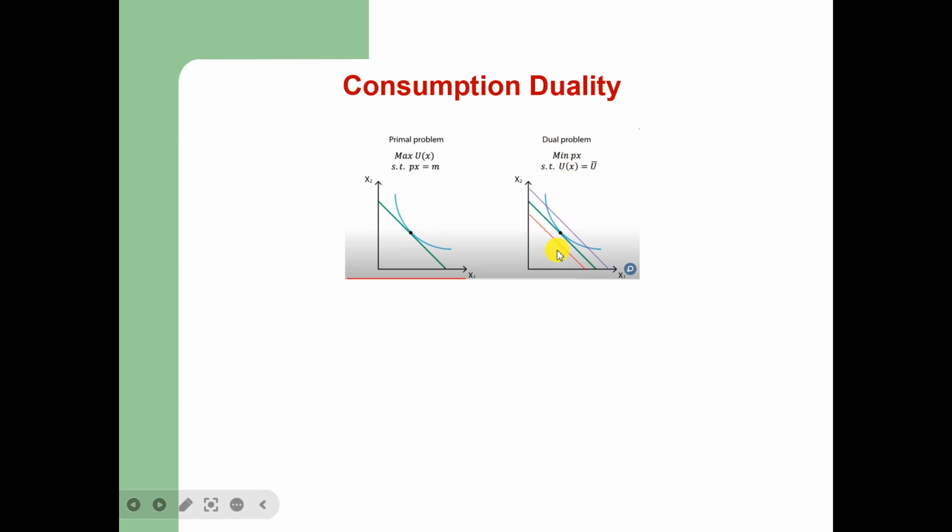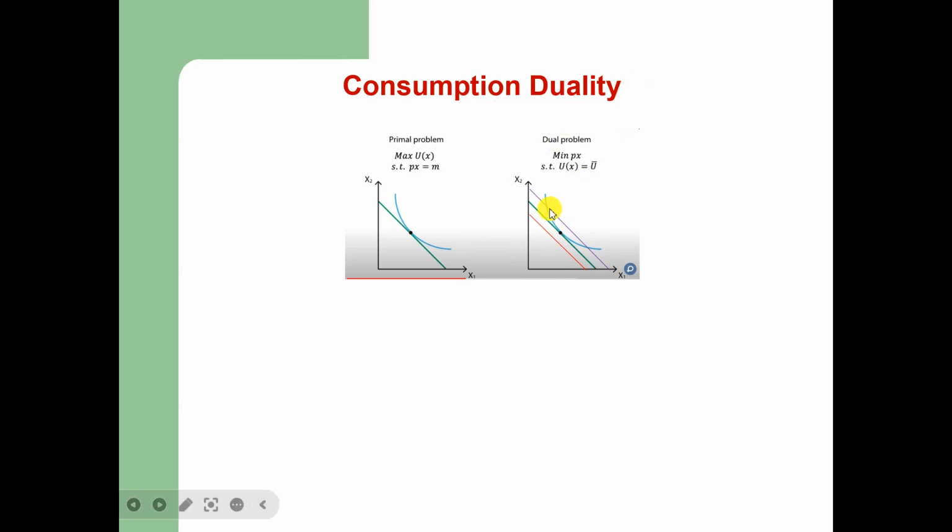On the other hand, here we have a number of isocosts, or you can say a number of budget lines for this consumer, and he has this objective to achieve. I mean, he wants to consume or attain this utility level. So he has three budget lines: the purple one, the green one, and the red one.